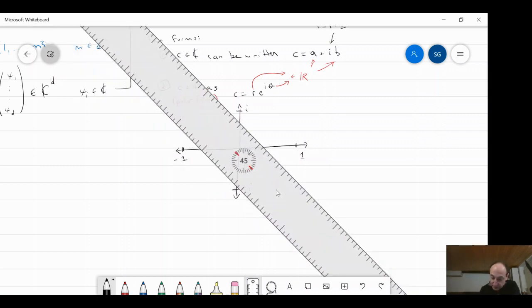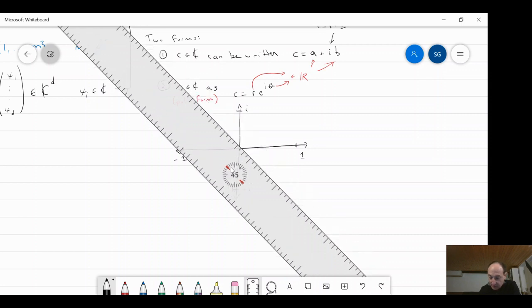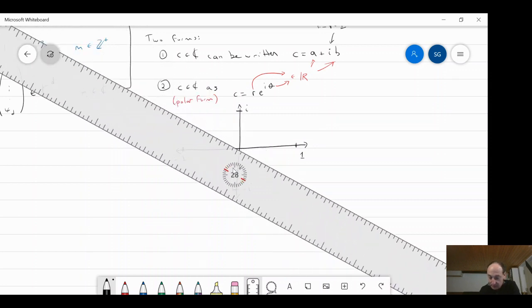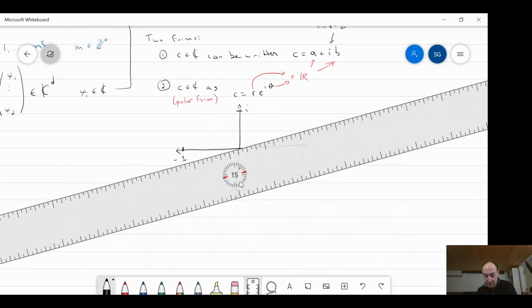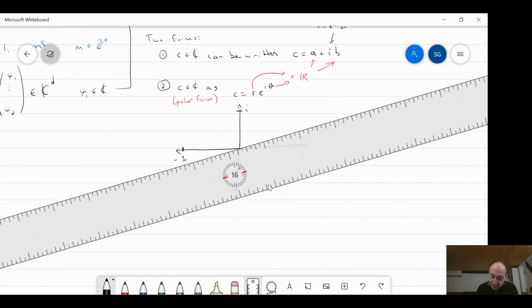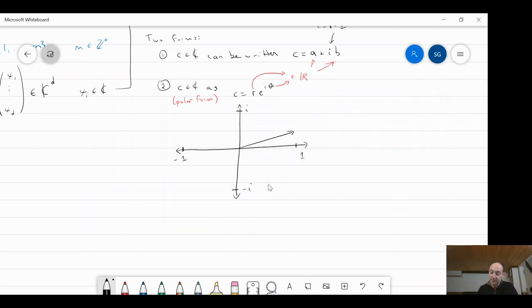So I can have a complex number here at this point, for example.